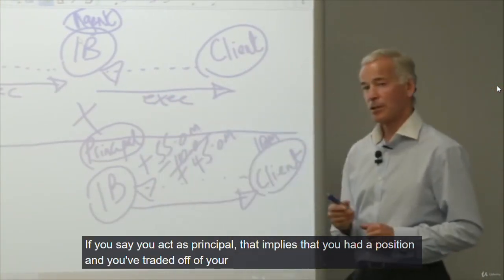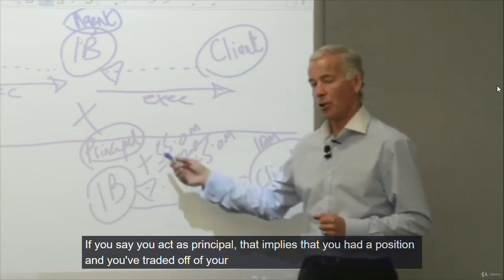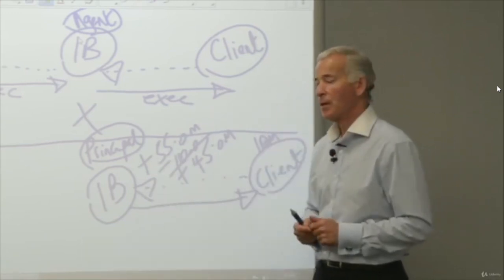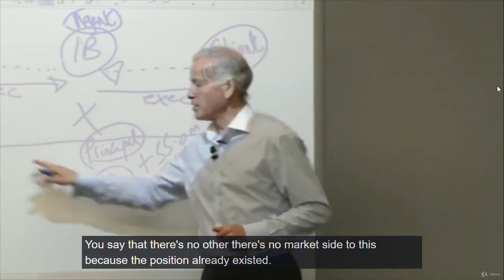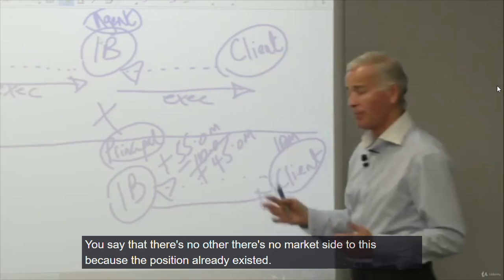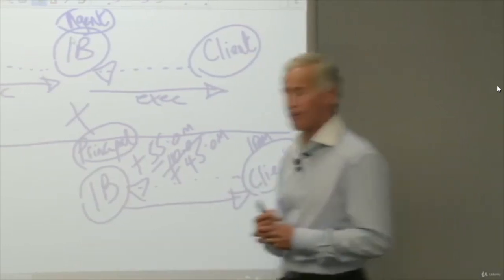If you say you act as principal, that implies that you had a position and you've traded off of your book. You'll see that there's no market side to this because the position already existed.